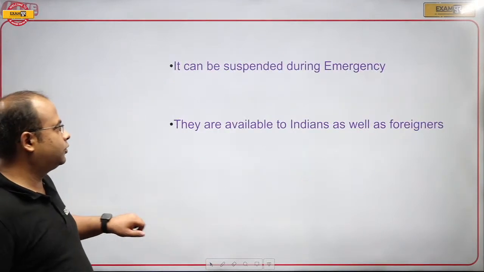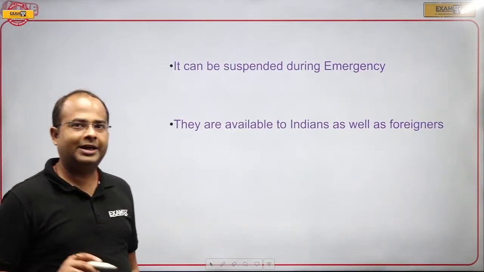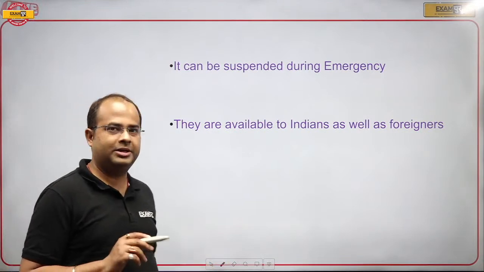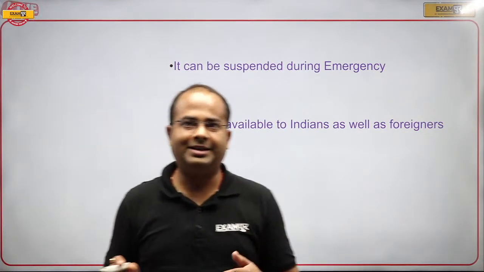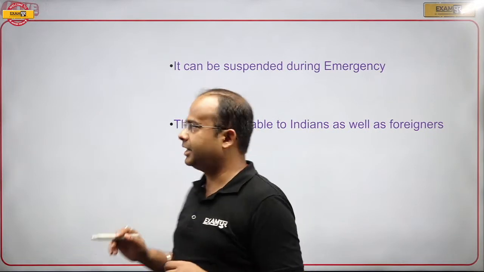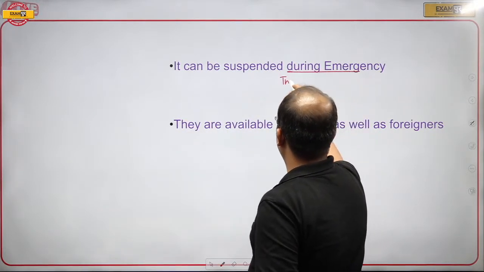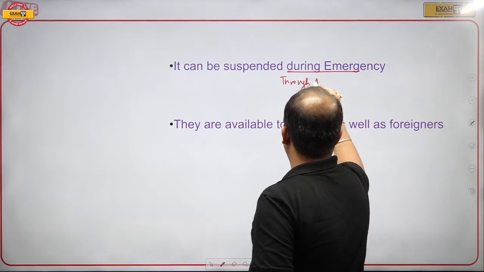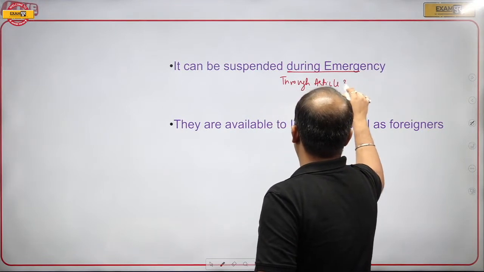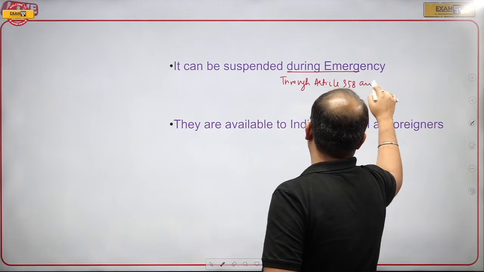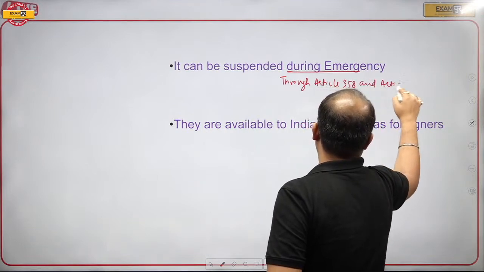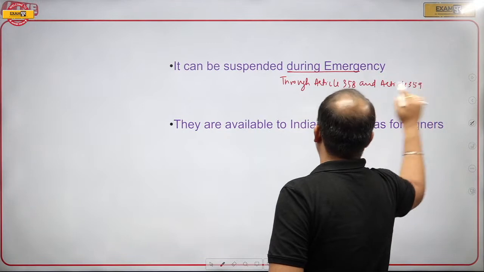Now let's move to the next feature: they can be suspended during emergency. So it is not that they cannot be suspended. They can be suspended during emergency through Article 358 and Article 359.